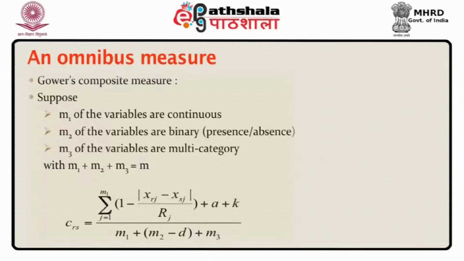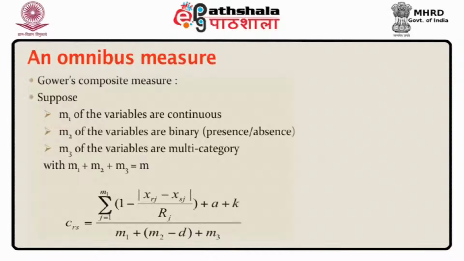Mind you, m2 minus d is actually, from the binary table, a plus b plus c. So it's a similar type of measure. It's sort of a by a plus b plus c, now integrated with the m1 measures for the continuous variables as well.